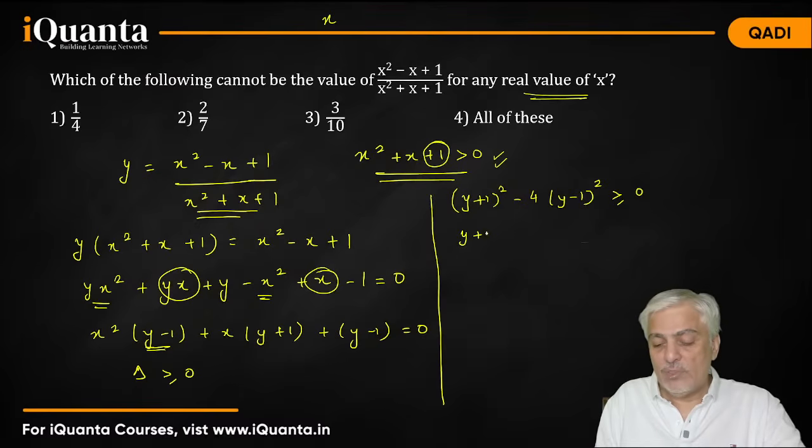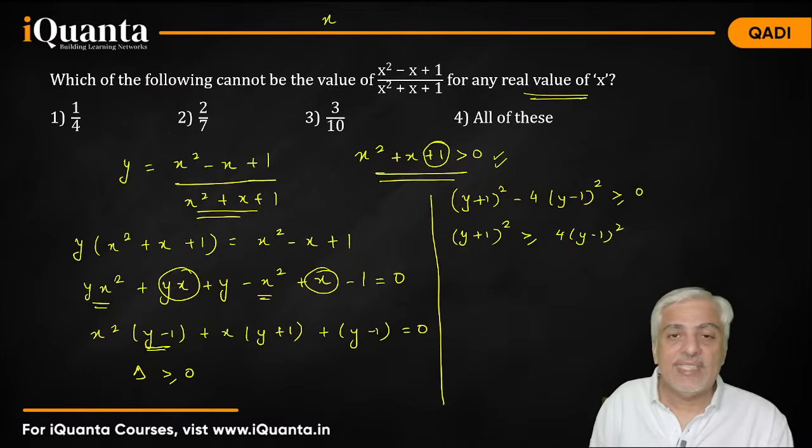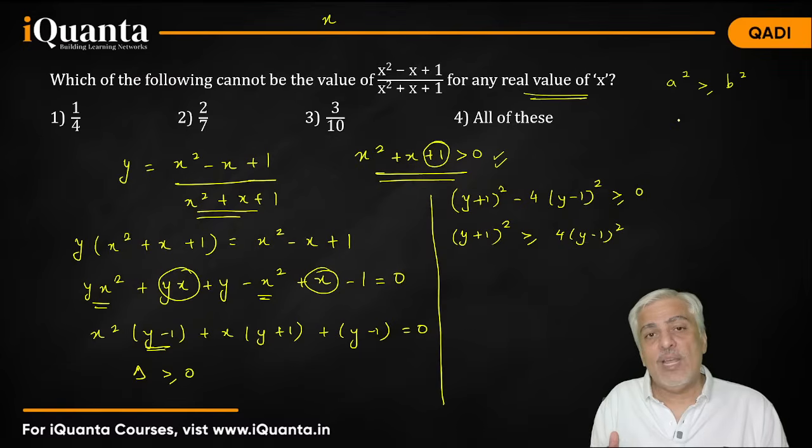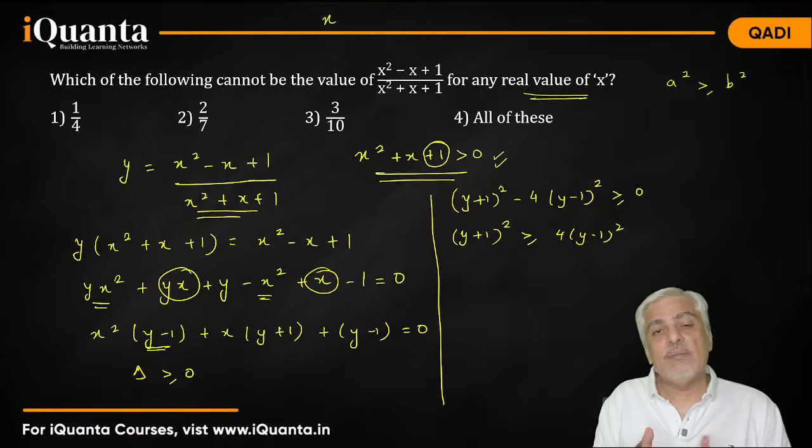So, for example, if you take y plus 1 greater than or equal to 4y minus 1 the whole square, you can take square roots on both sides and you can again get a range. So, obviously, when you get a square greater than or equal to b square, when you take square roots, it doesn't become only greater than b. There will be plus and minus b, and you'll have to think that way very carefully.